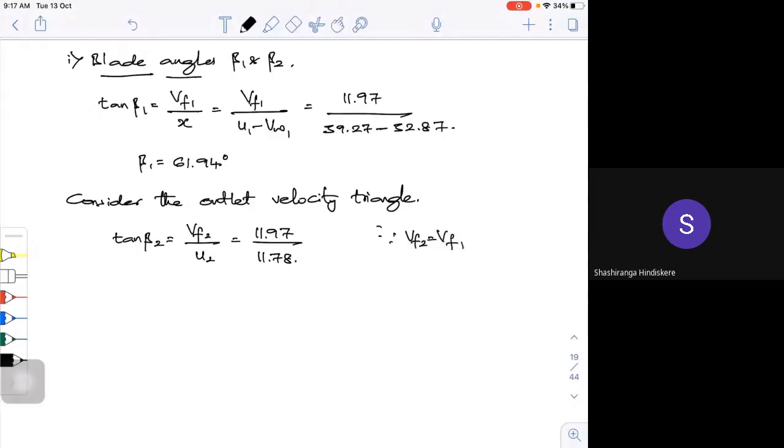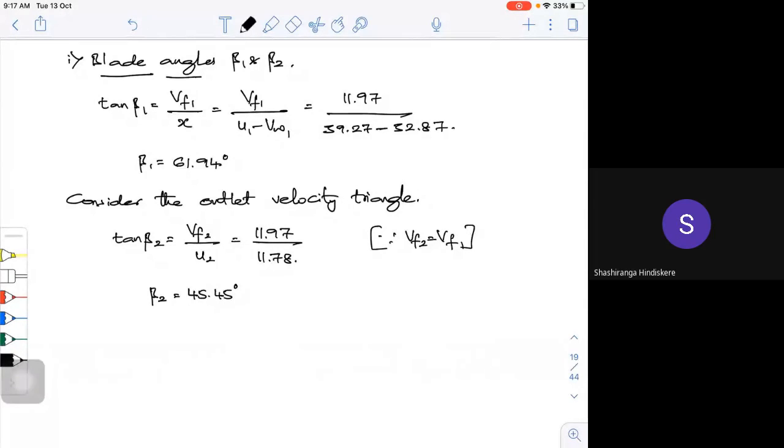This is given in the numerical statement. Now if I take 11.97 divided by 11.78, tan inverse of it, I am getting my beta 2 is equal to 45.45 degrees. So I got both my inlet as well as my exit velocity triangles.